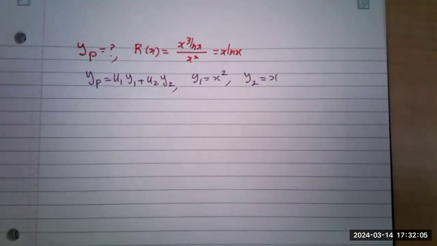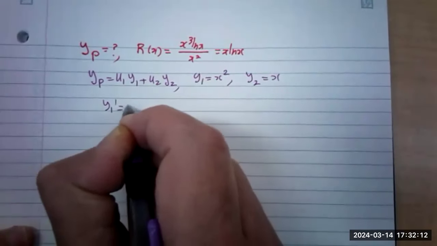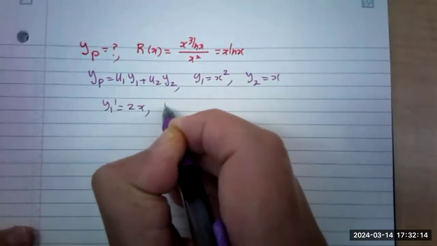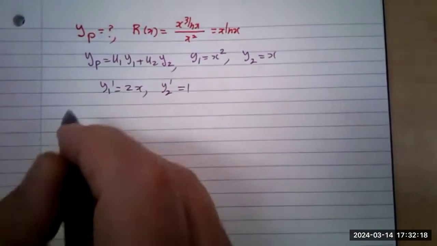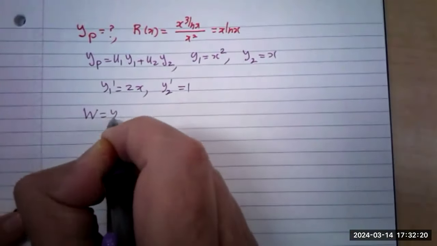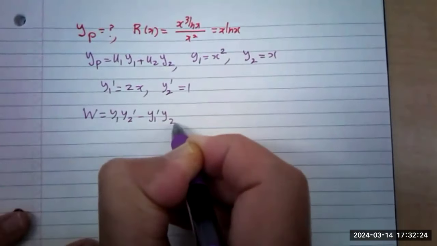So get the Wronskian first and continue. To get the Wronskian, we need y1 prime, which is 2x, and y2 prime is 1. The Wronskian is y1 y2 prime minus y1 prime y2.